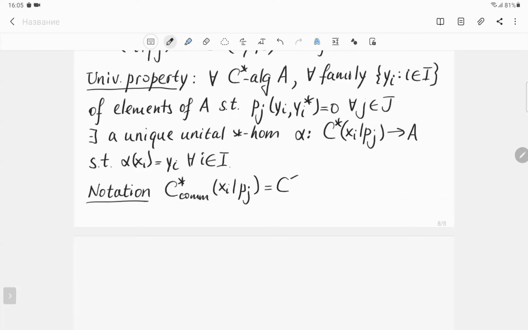This is the universal C-star algebra generated by the same elements xi, the same relations Pj, and also the commutation relations between the generators, xi xk minus xk xi, and the same for the adjoints.